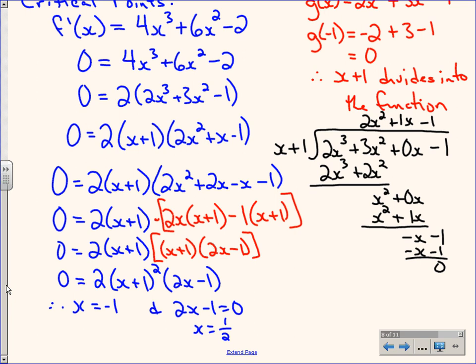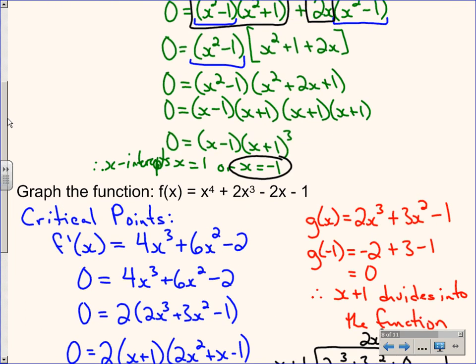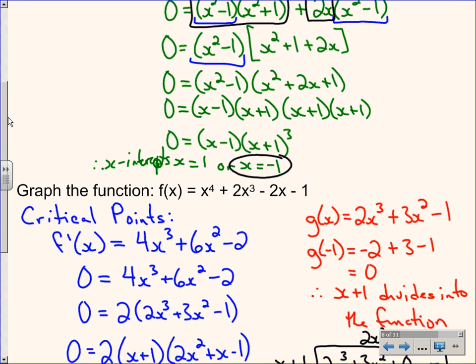So I think I would like to know what f of 1/2 is. I'd like to know what the actual point is. And now I've lost the function. What was the original function? I'm going to sub 1/2 into this equation right here. Sorry, bear with me for a second. 0.5 to the 4th.